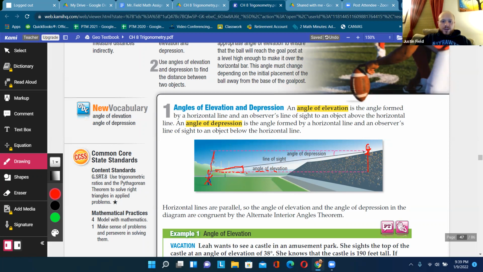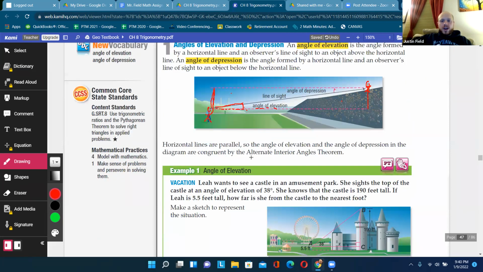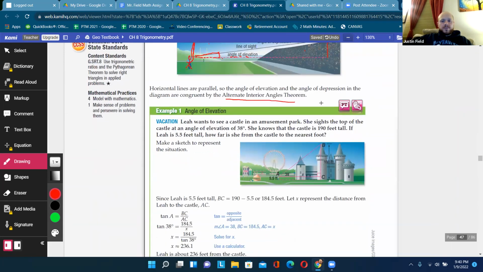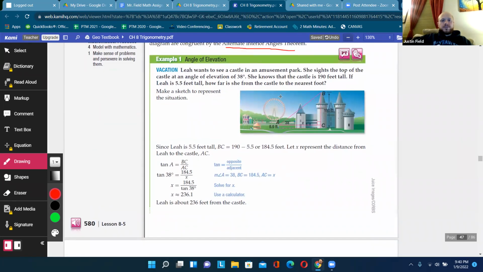So you can see they actually are like alternate interior angles if you think of this big rectangle here. The angle of elevation triangle is that normal, and then the angle of depression triangle is the same triangle upside down. So when we're trying to draw a picture, we can keep that in mind.